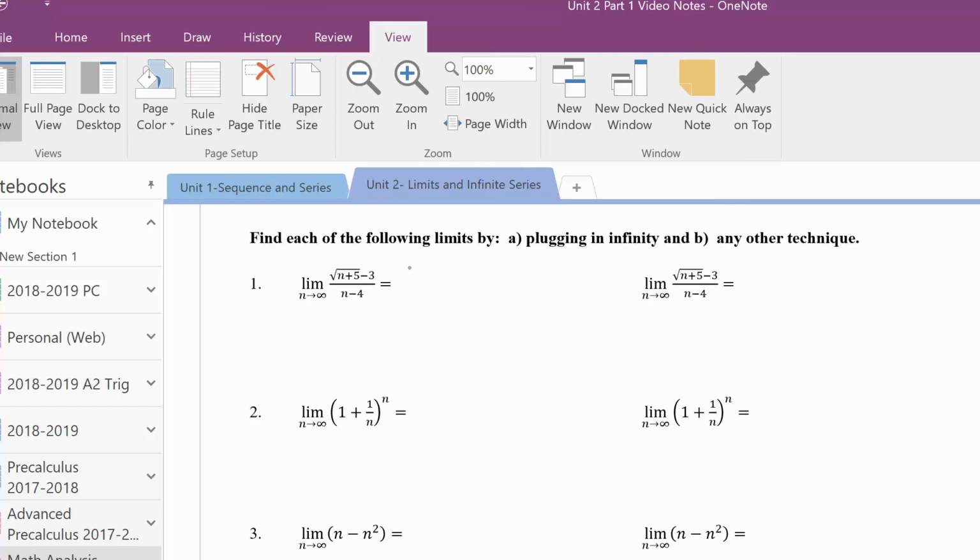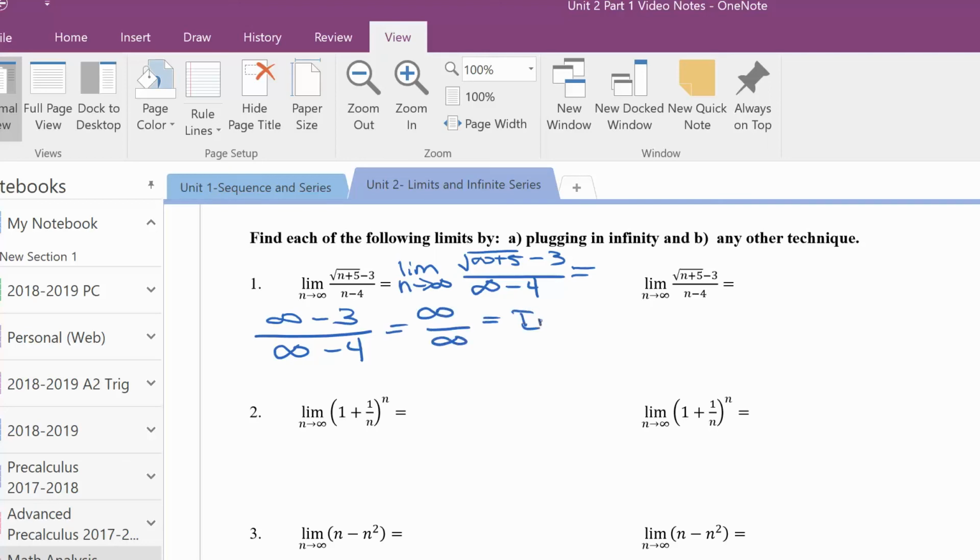So we would get the limit as n approaches infinity of the square root of infinity plus 5 minus 3 over infinity minus 4, which equals infinity minus 3 over infinity minus 4, which is infinity over infinity, which is indeterminate.